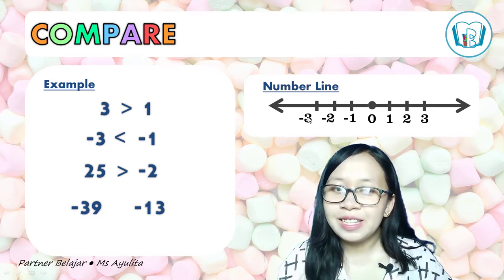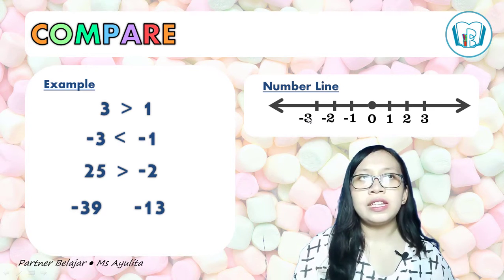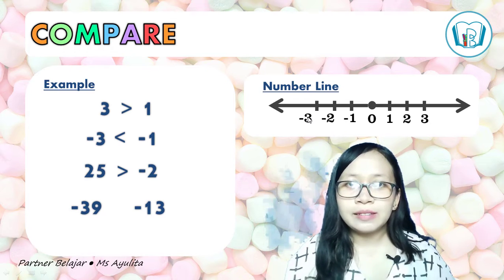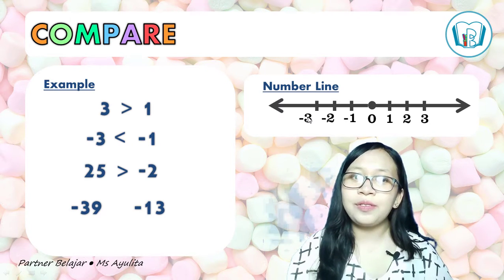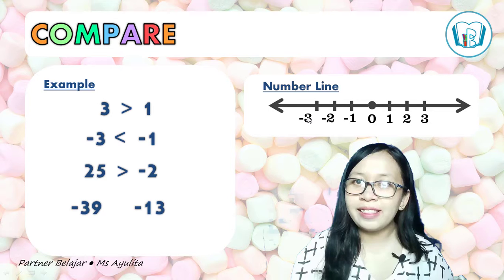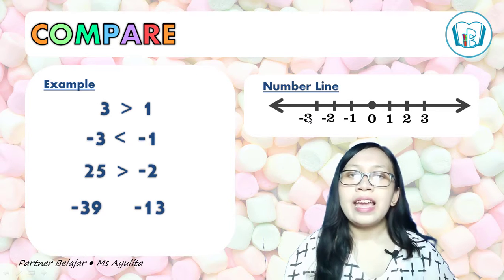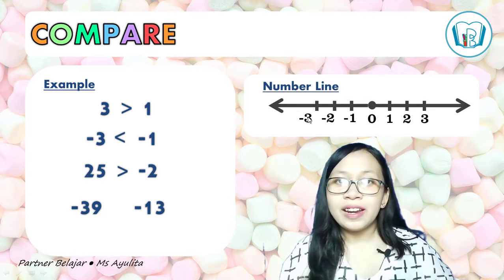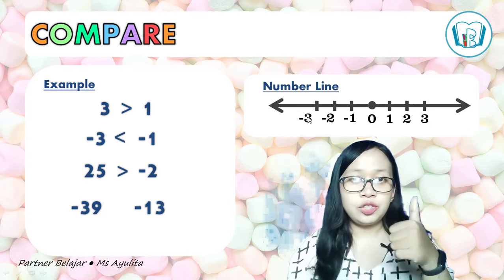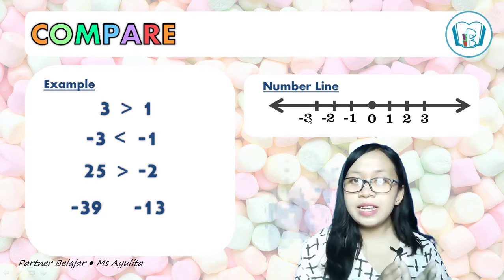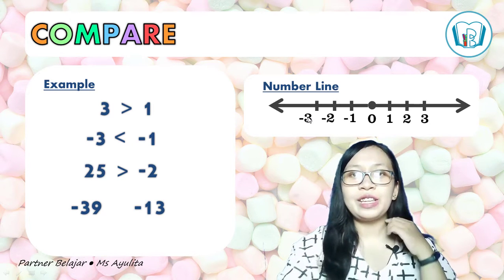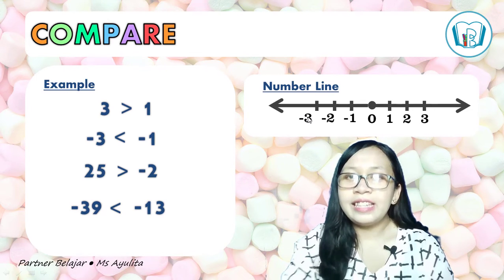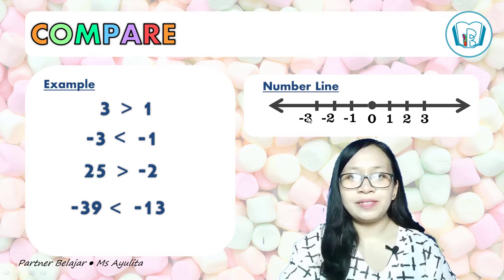How about just see this one? Negative 39 and negative 13. Which is more negative? The more negative is negative 39, right? And now the more negative the number is, the more on the left side. Good job. It means negative 39 is less than negative 13. Yup, that's correct. Give applause for yourself.